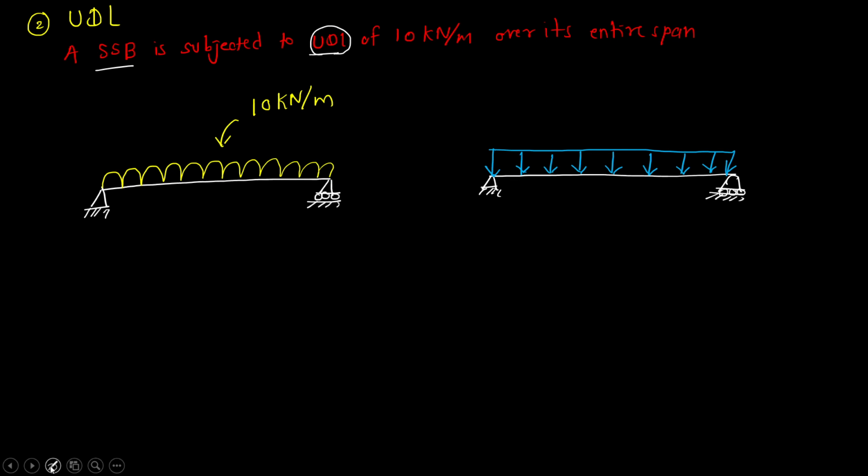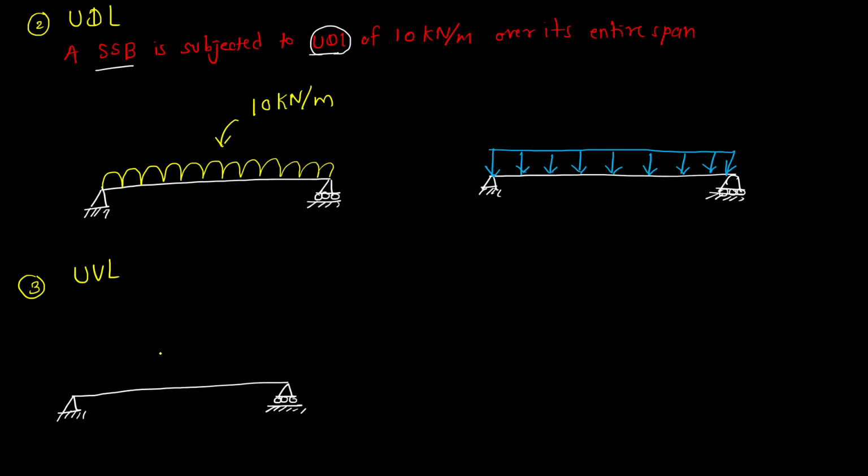Now the last one that we have to see is UVL, uniformly varying load. We won't be writing the question, we'll directly draw it. This is the beam, a simply supported beam, and now it is subjected to a UVL. How does UVL look?